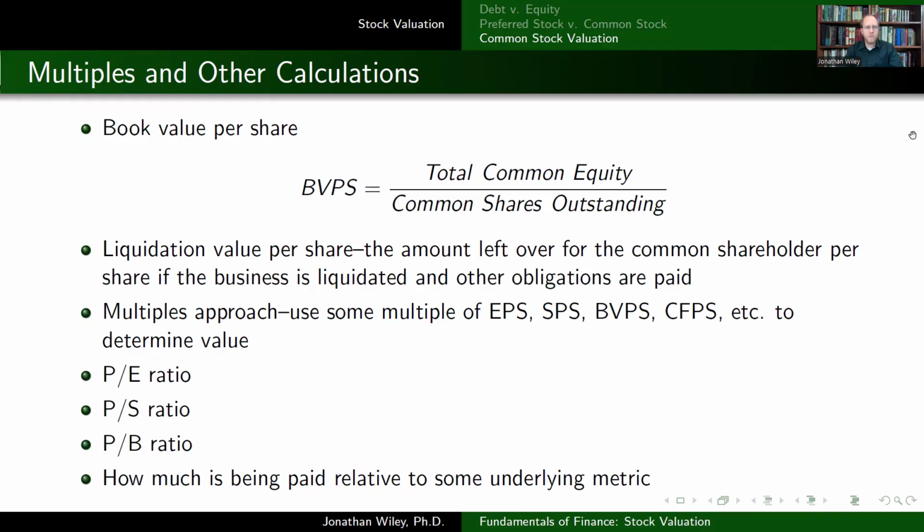So for instance, if I walked into a convenience store and was thinking about buying it, the convenience store itself is going to sell for more than just the value of the plot of land or the building. It's going to be worth relative to how much money the convenience store is making.